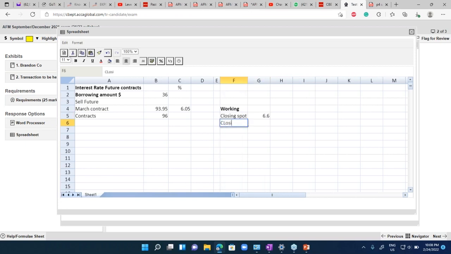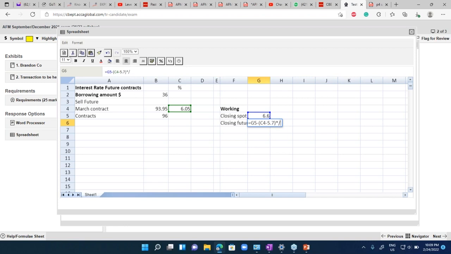Now identify the closing future. Formula is closing spot minus opening future, that is 6.05, minus opening spot. Opening spot is 5.7%, into remaining months. Remaining months are 2, divided by the total months.